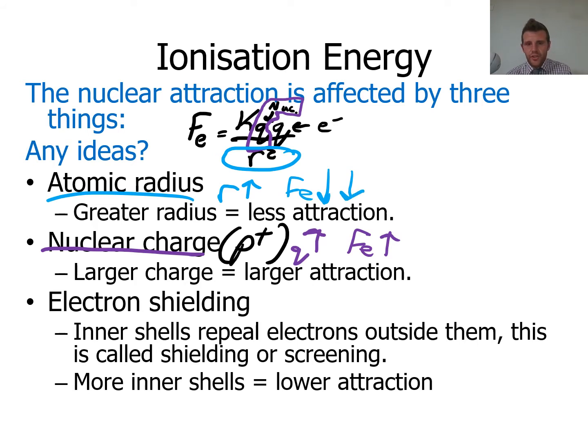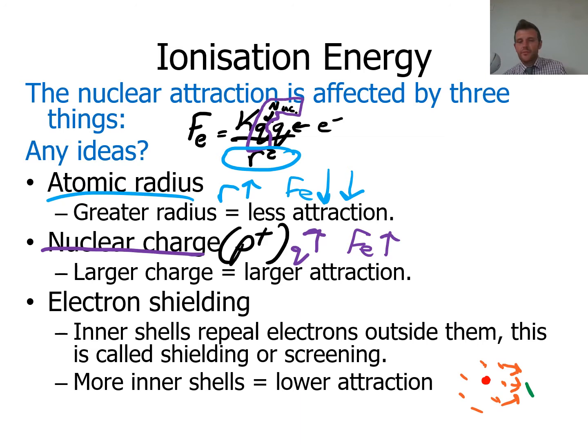And then electron shielding. This is the idea that if my nucleus is here and I've got a bunch of electrons sitting around it, and this is my electron of note, all these shielding electrons, the inside electrons, are going to repel my most outside one away.